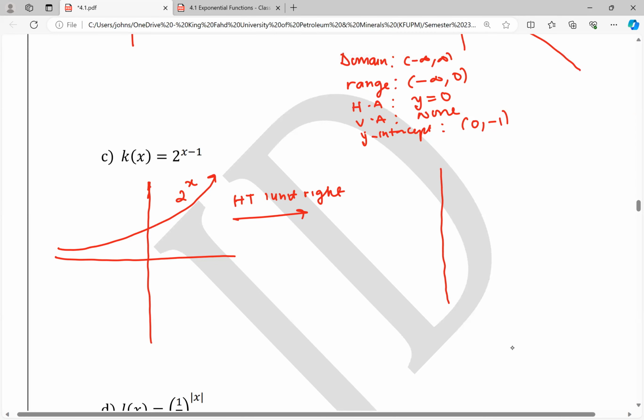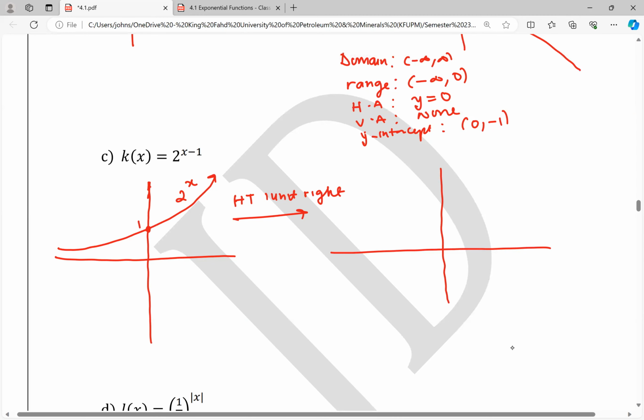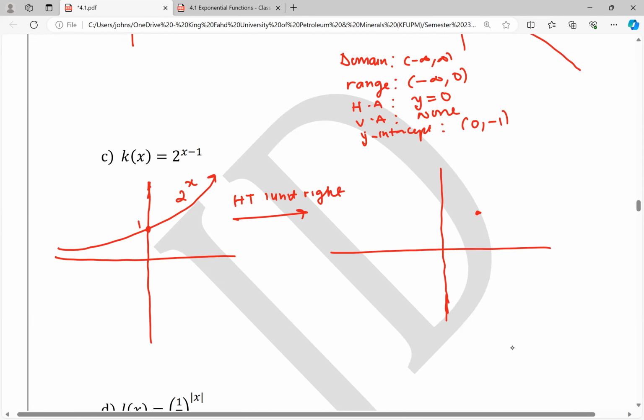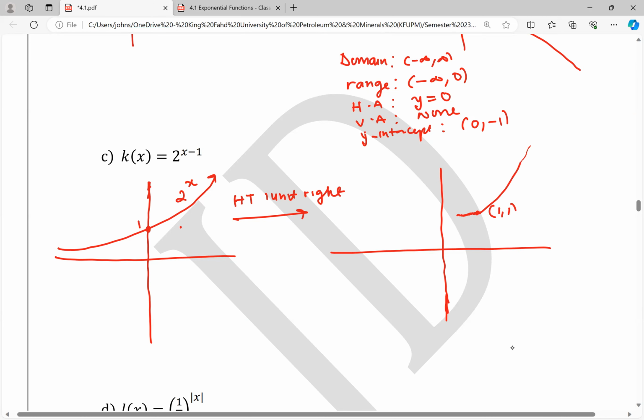This point is (0, 1). If you move it to the right, it's going to be (1, 1). So this is where it's going to cut now. It's going to be something like this, right?